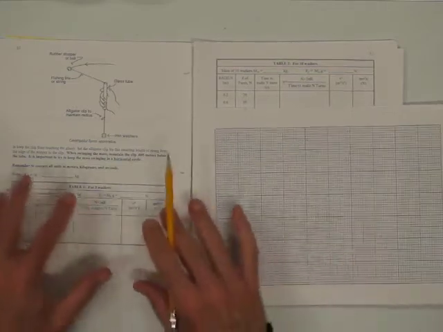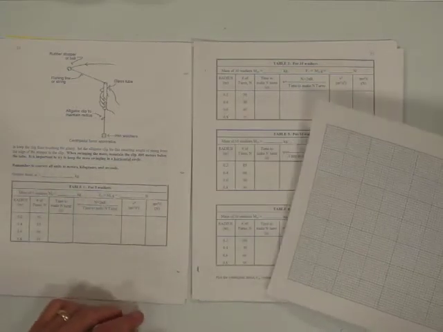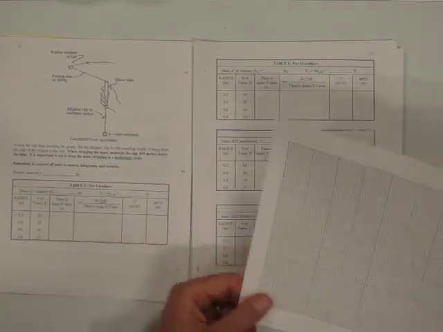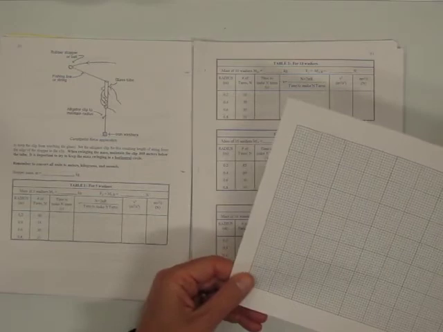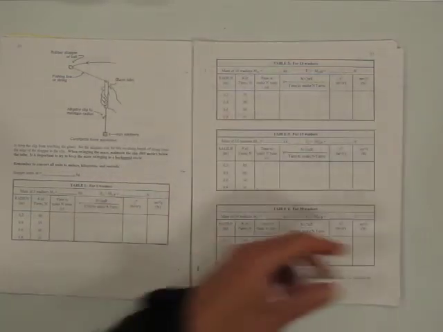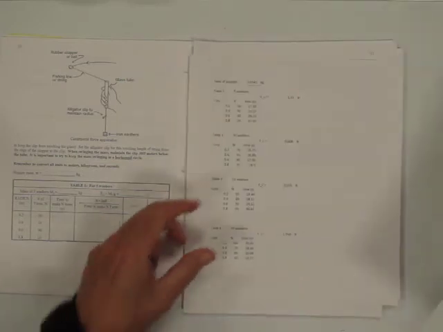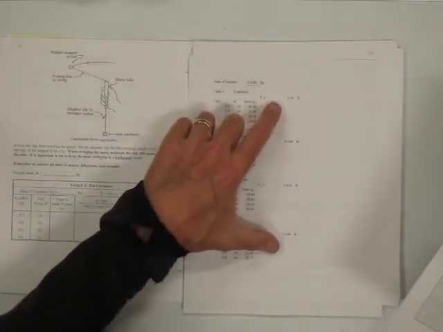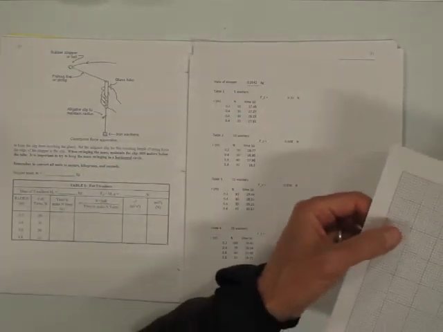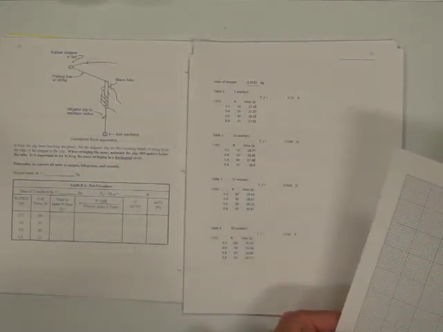Once you've tabulated all of your data, you should look at the range of the v squareds and pick an appropriate range so that it fills up your sheet, or gets pretty close. The same thing with the F sub c's. The F sub c's vary from 0.3 to 1.3, so maybe 1, 2, 3, 4, 5, 6, 7.